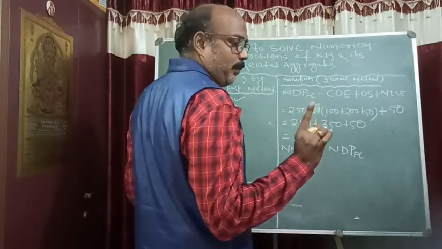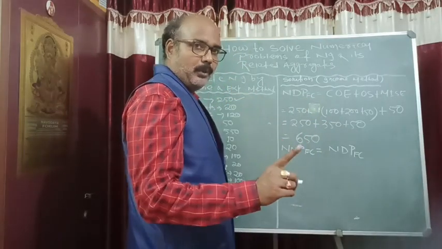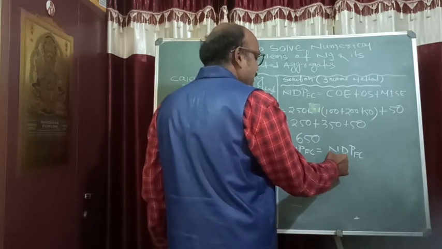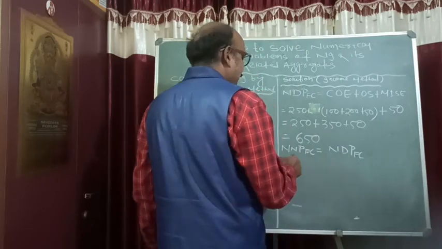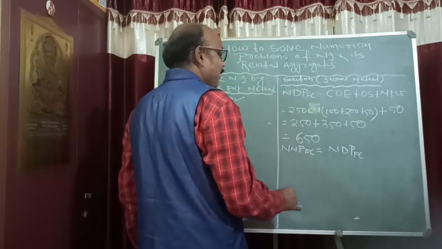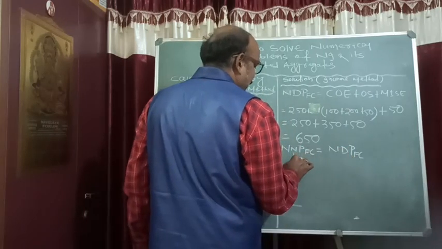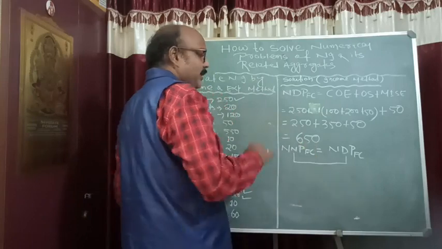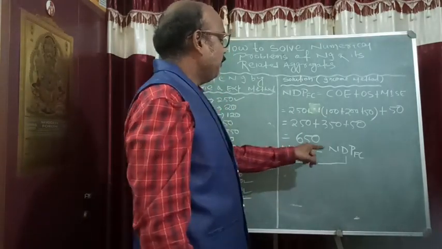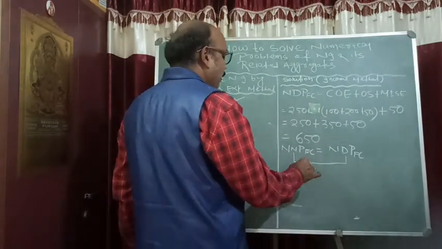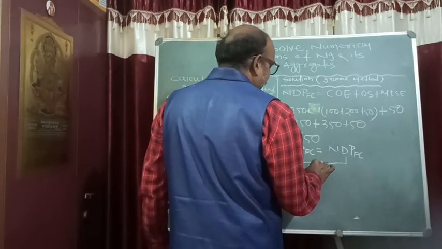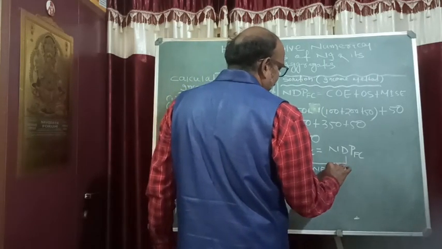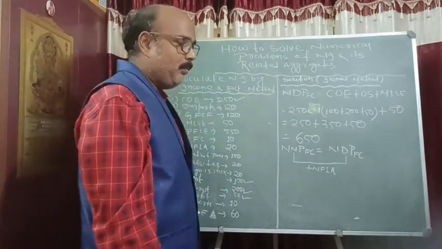One operation we have to do here: domestic is given and national is required. So to make the domestic into national, you have to add what? You have to add NFIA, that is net factor income from abroad.